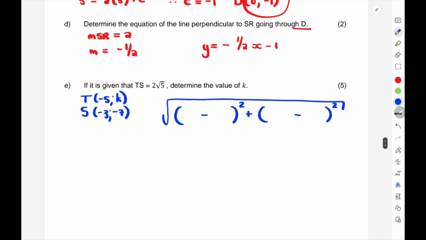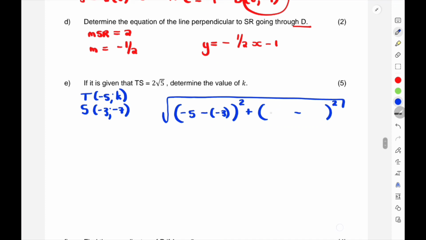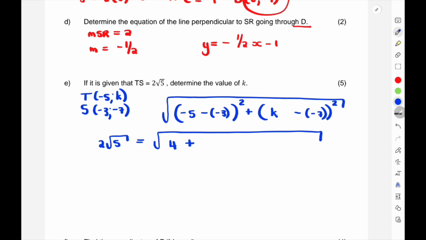Let's do the x's first: negative 5 minus 3, and K minus 7. And we know that 2 square root of 5 is the answer, so I'm going to replace it in there. Negative 5 plus 3 gives you negative 2, squared gives you 4, plus K plus 7 squared.